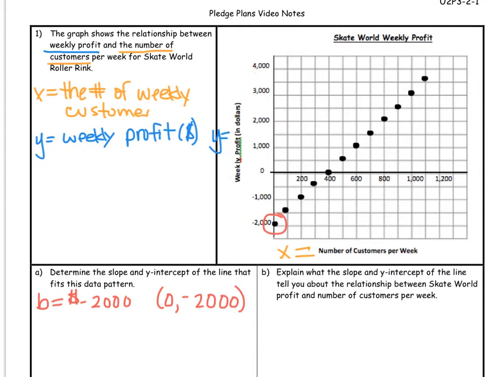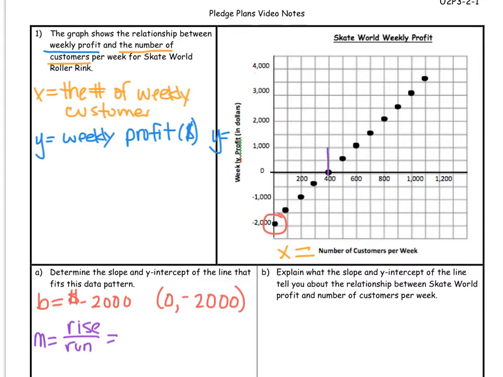So now let's go ahead and find our slope. So our slope is our rise over run, and you can do this two ways. You can pick the coordinates of 2 points, or you can just make a slope triangle, and that's what we're going to do. And I'm going to start at the x-intercept here at 400, and I can use any 2 points, but I'm going to use these 2 points right here.